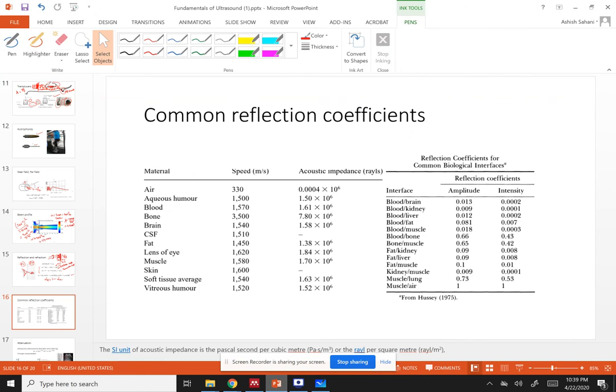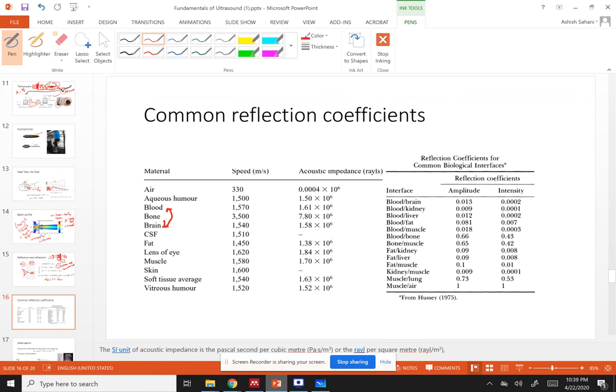So these are some common reflection coefficients for different materials. For air, aqueous humor, blood, bone, brain, the speed of sound and the acoustic impedance are given. By using the individual acoustic impedances, you can calculate, for example, the blood to brain barrier. What is the acoustic impedance of that?